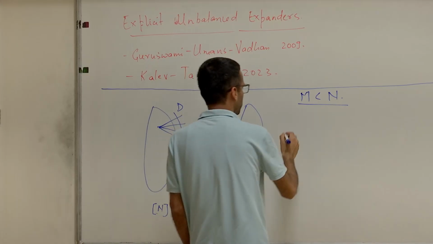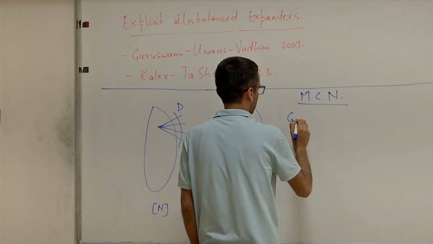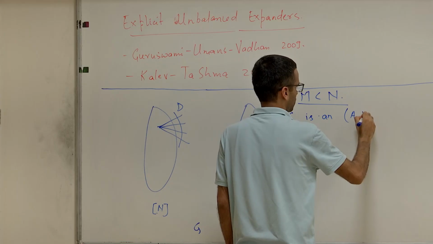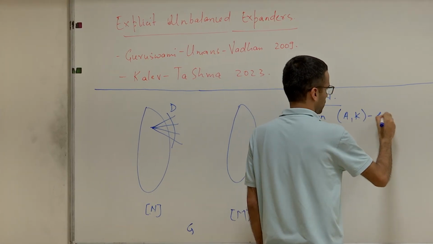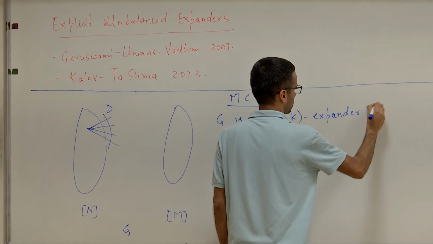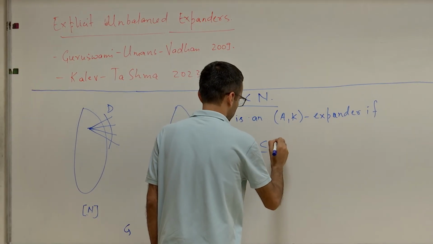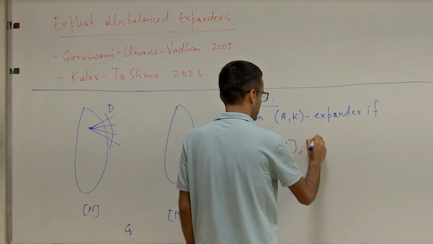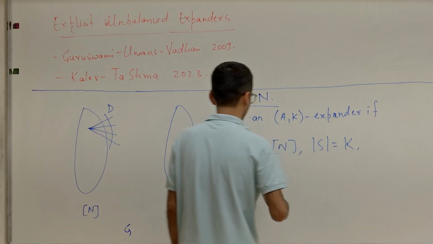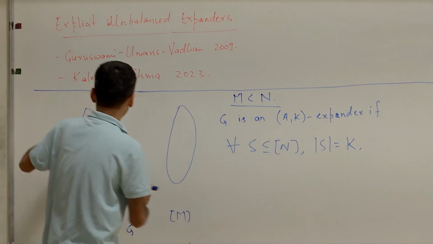Okay, and we say that a graph like this, G, is a (something, k) expander if for all subsets on the left hand side of size at most k, let's say size equal to k for this discussion, so we are looking at sets here.